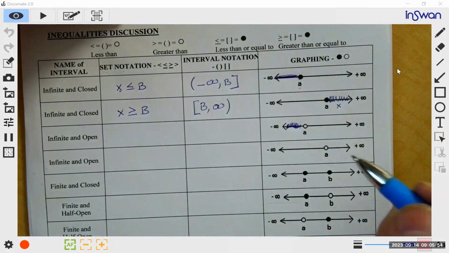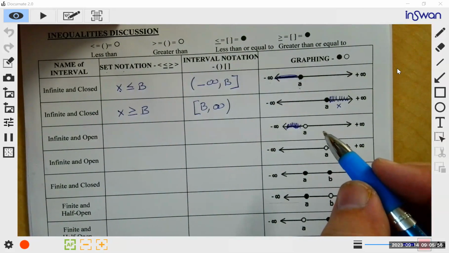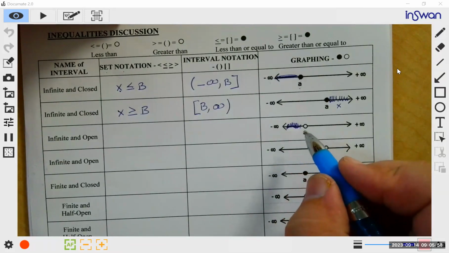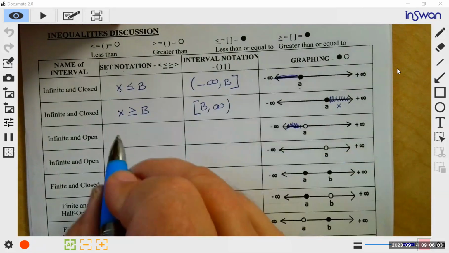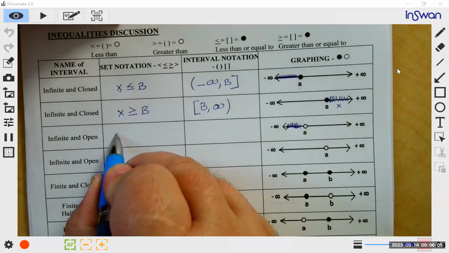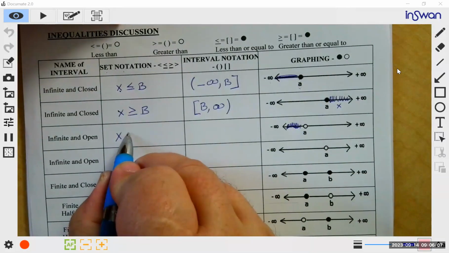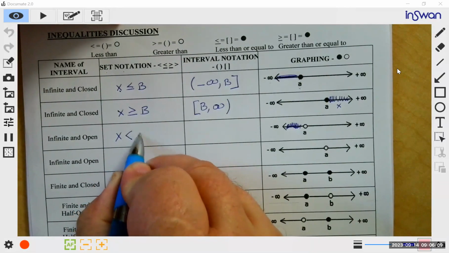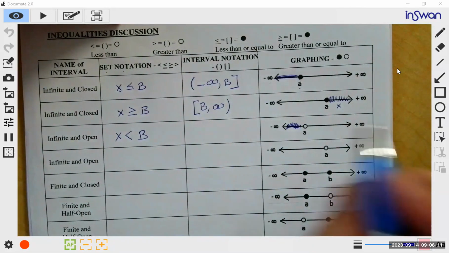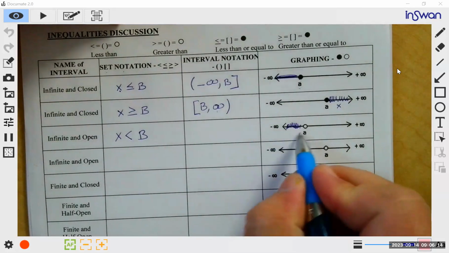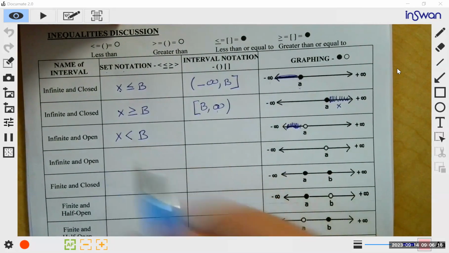Let's look at that. What does my X tell me my numbers are? Well, in set notation, my X values are going to be strictly less than B because it cannot equal B. Since it's an open circle, I cannot include B, so it's no equal sign.